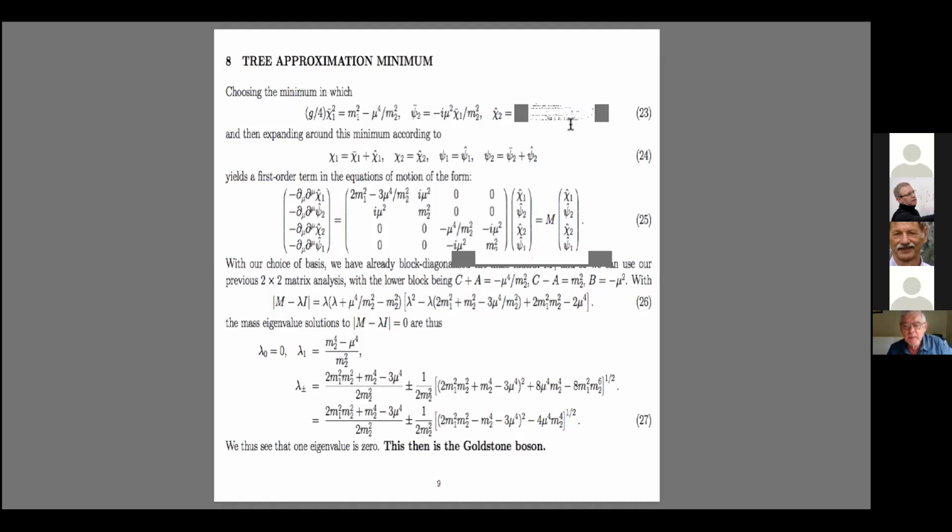Oh no, it's much more complicated than that. The ones that get expectation values become massive. That's incorrect. You have to diagonalize your mass matrix, and the field you identify, that's the Goldstone boson. Well, that's far more complicated than that.